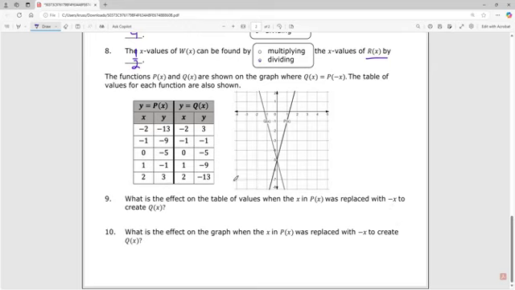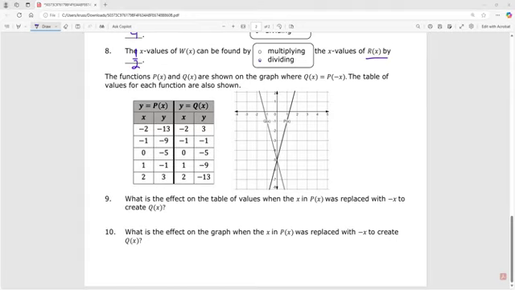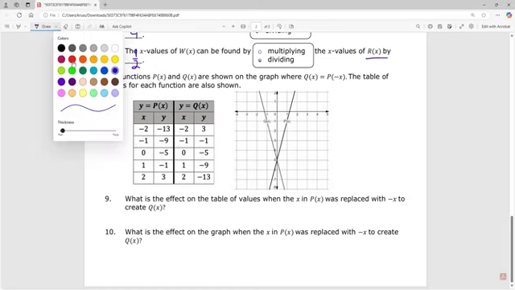Okay, so it looks like when I replaced it with a negative, the y value changes. It's like the y value changes to be opposite of that. Oh, I see. Okay. Yeah, so if you look here, it's in kind of weird order.